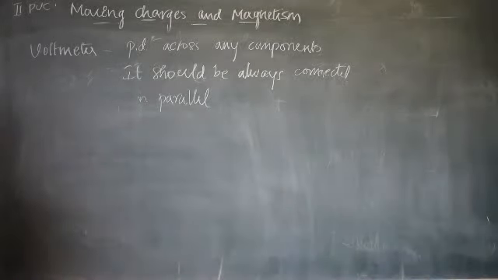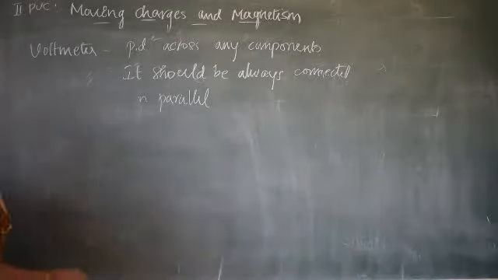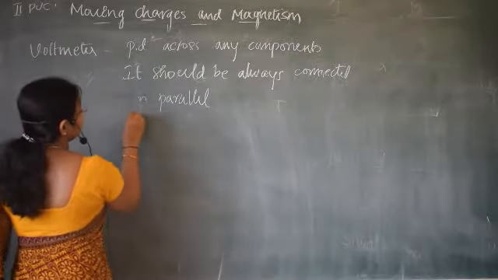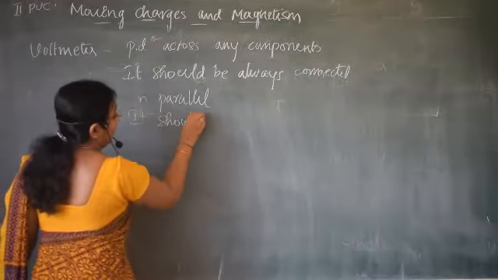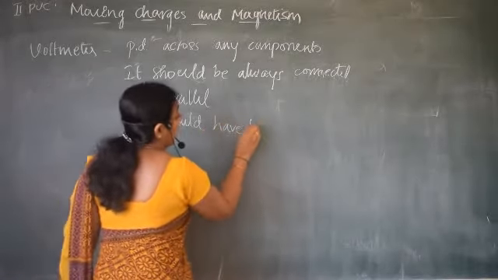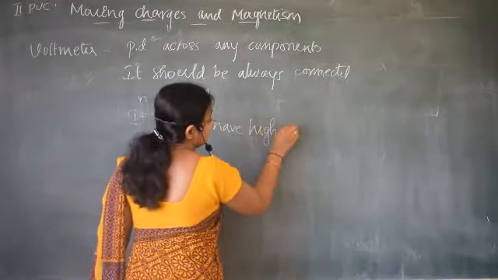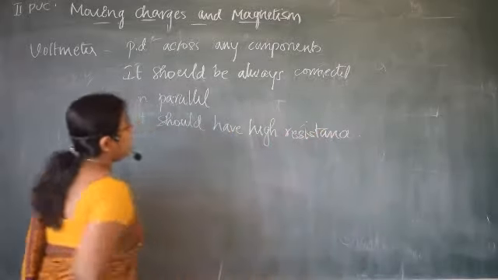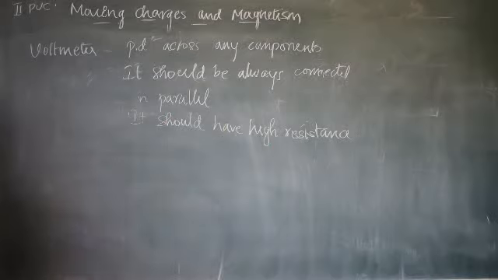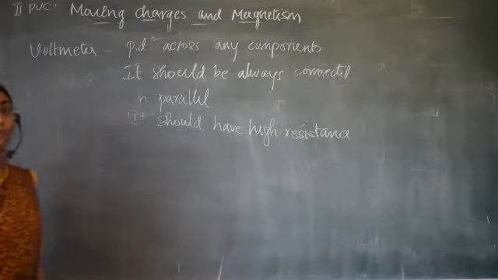Then the resistance of the voltmeter is very, very high. A good voltmeter should have very high resistance. These are the 3 points for the voltmeter.